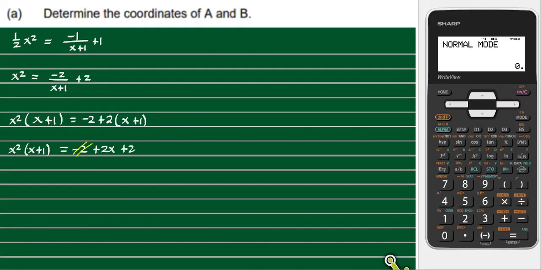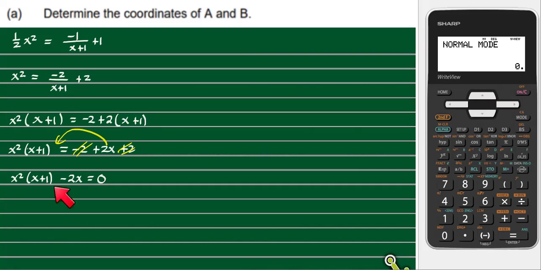This and that cancel, so this can come over there. So I've got x squared into x plus 1 minus 2x equals to 0.